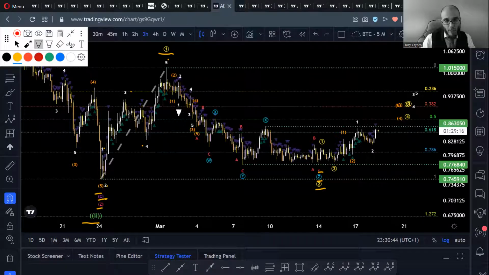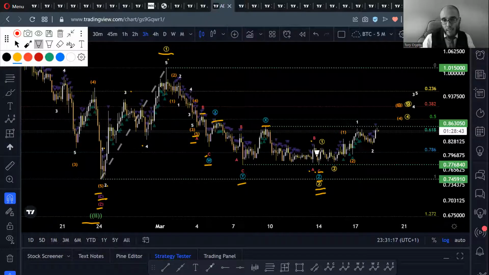I've labeled it as an impulse wave, a wave here, then an A, B, C forming wave W, then a wave X, then again an ABC forming wave Y, and one more ABC forming wave X, and then one more ABC forming wave Z. And from here, since it's the end of wave 2, we start an impulse wave up.